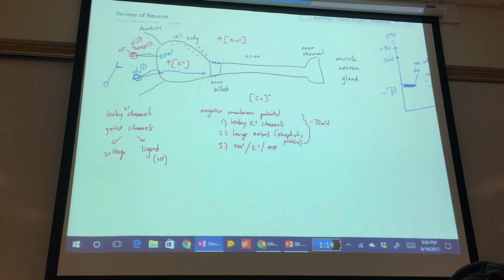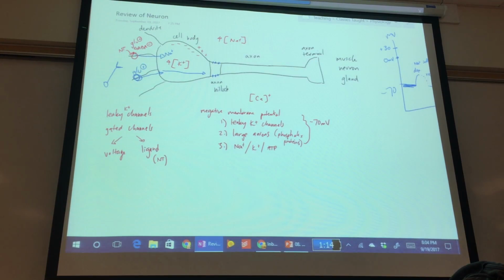Is that spatial or temporal? Temporal. So all that comes down to is the times at which these channels open up, whether they're together or happening sequentially, allowing ions to come in.